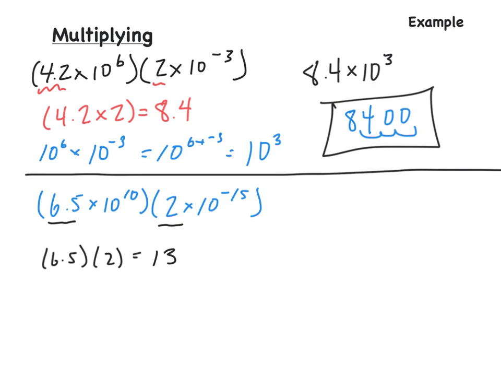Now if we have 10 to the 10th times 10 to the negative 15th, when we do that, we're basically doing 10 plus a negative 15, which is the same as 10 to the negative 5th.